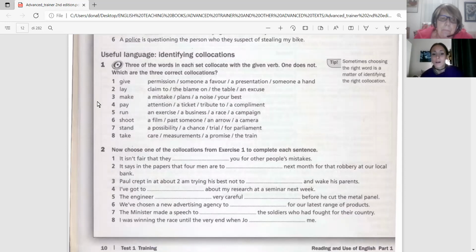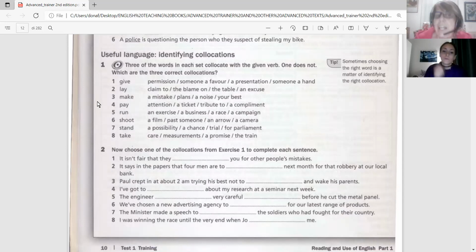There's another one that is not correct: you don't pay a ticket, but you pay for a ticket. So pay usually for something, when it's something that you can specify, you pay for it.